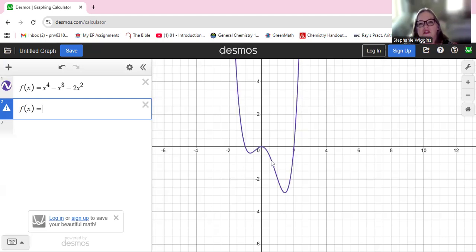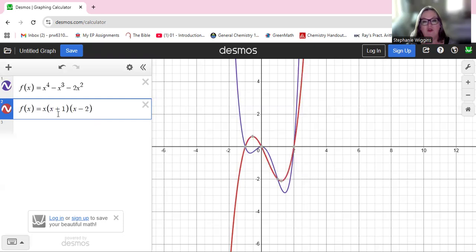So multiplicity is the power on the factor. And when I typed in these factors, my graph did not match because I had the wrong multiplicity for x. I had an odd multiplicity. So in the way I've described this function here, this factor has multiplicity 1, this factor has multiplicity 1, and this factor has multiplicity 1.